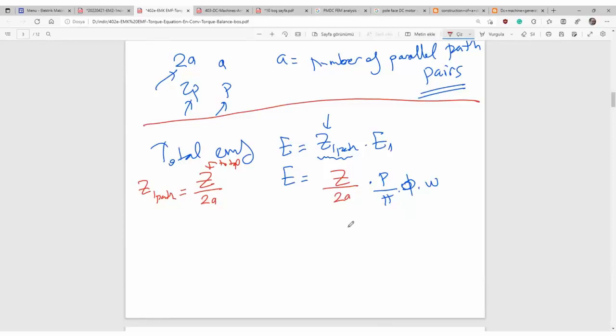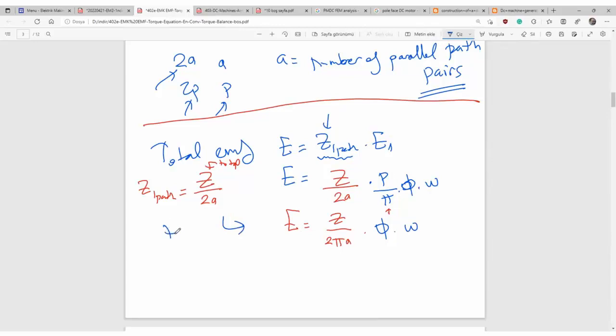Okay, let me make an arrangement. E is equal to Z over 2 pi A. Here's the pi. And then flux. And then speed. And that is the total EMF.